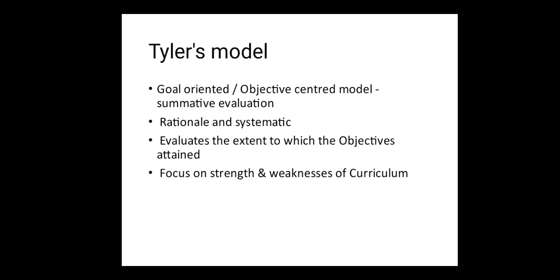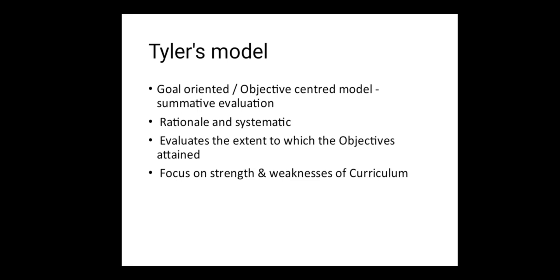So naturally, it's a product-oriented curriculum, and his model for curriculum evaluation also follows summative evaluation. It's an end product evaluation model, and its strong point is that it is a rational and systematic model.